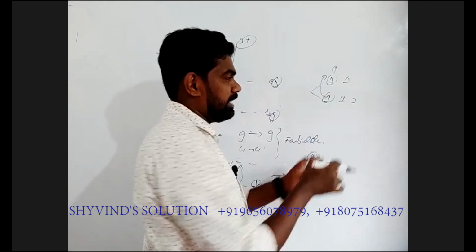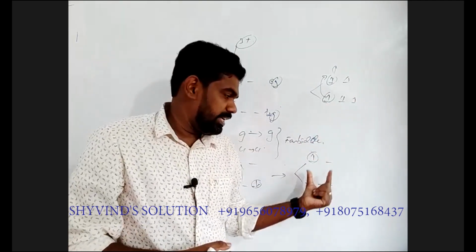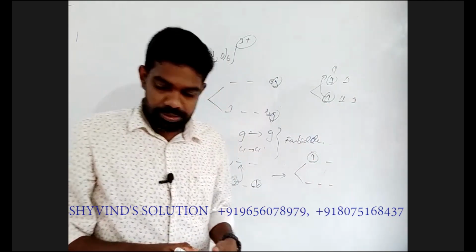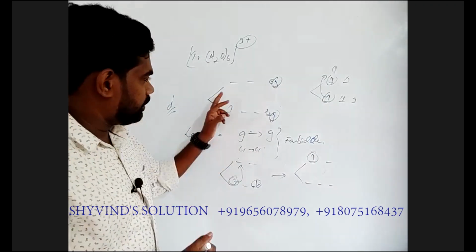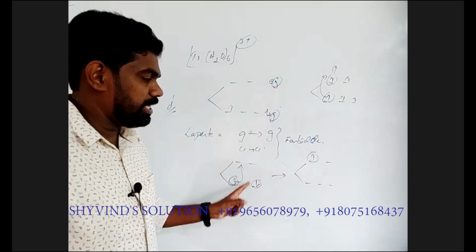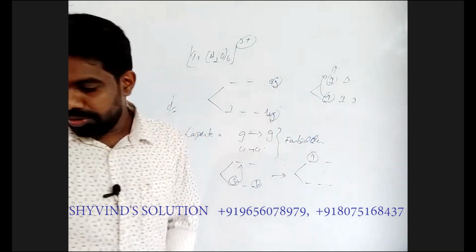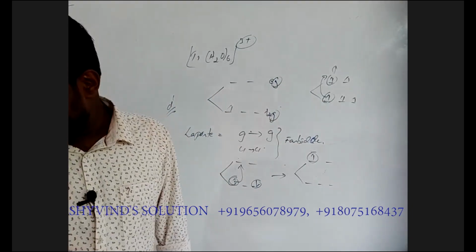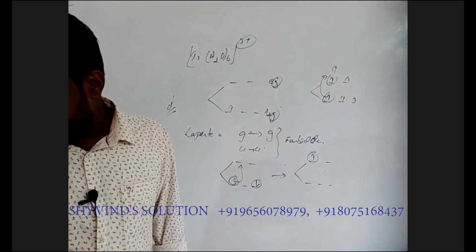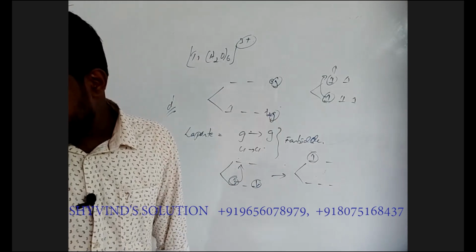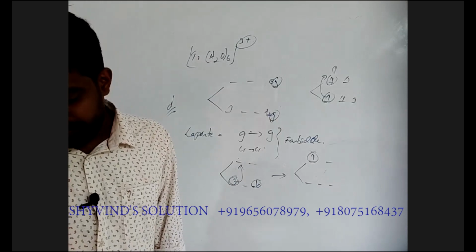In this case it is a spin forbidden transition, but here it is a spin allowed transition. So in our case it is Laporte forbidden but spin allowed. That is question number 17. The answer is option D, the fourth one.